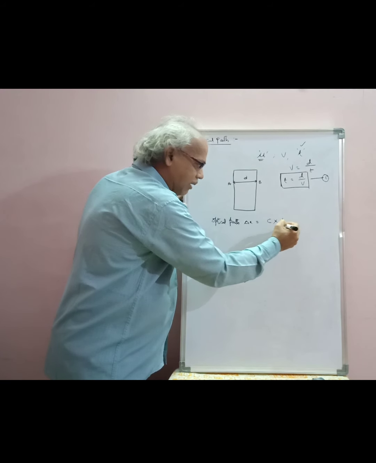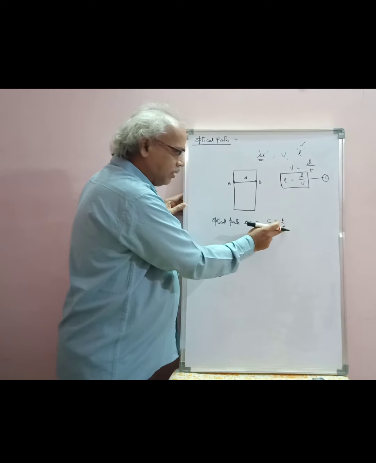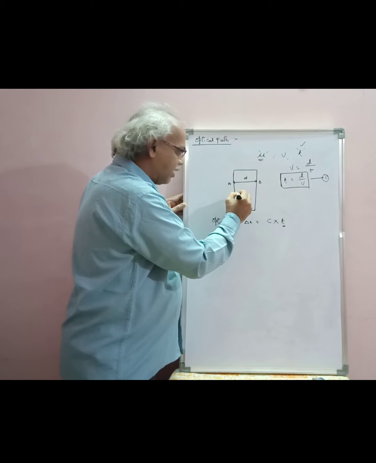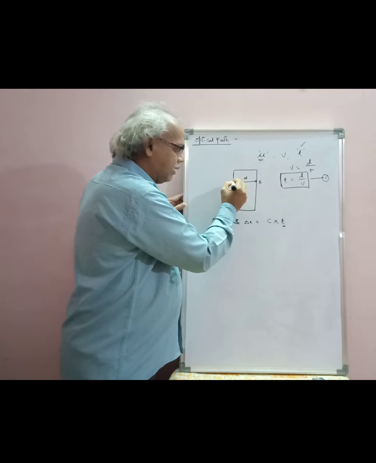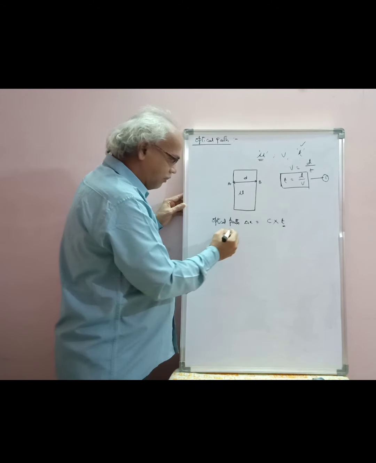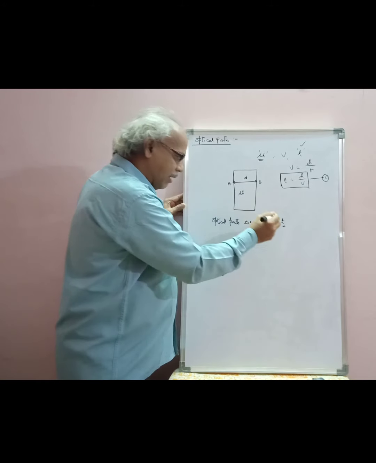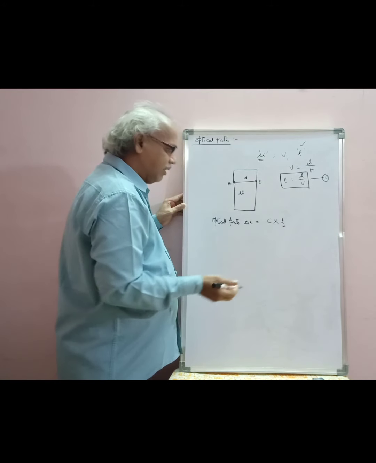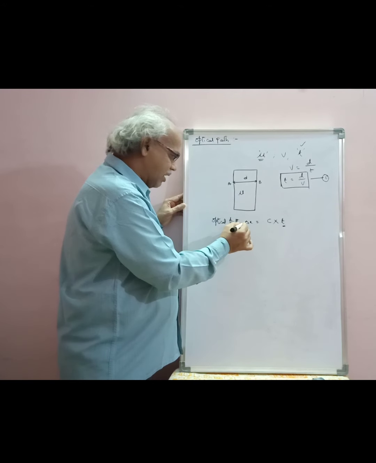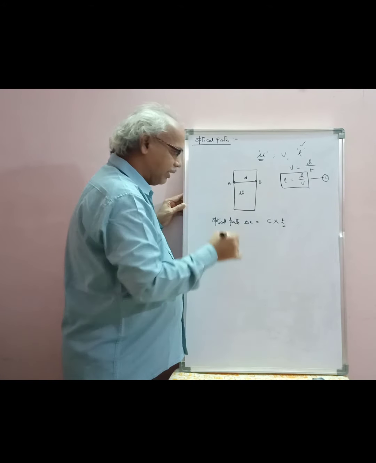So what is this time? This time is the time taken by the light in a medium of refractive index mu to travel the distance d. So optical path means the distance travelled by light in vacuum in the same time. So delta x is equal to c into t.